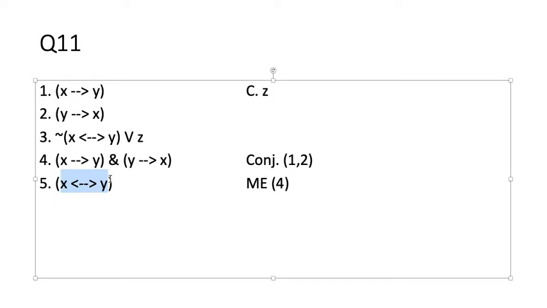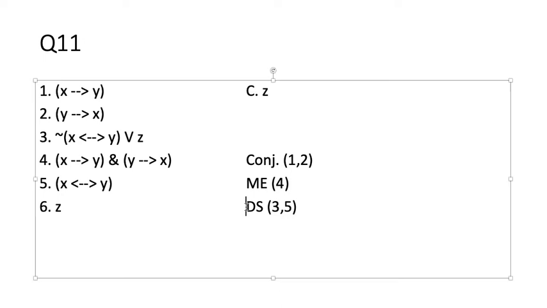And actually now I'm really close to my conclusion, because notice on line 3, the left-hand disjunct is a negation of X if and only if Y. So it's a negation of the biconditional I have on line 5. And so I can just do disjunctive syllogism on 3 and 5.